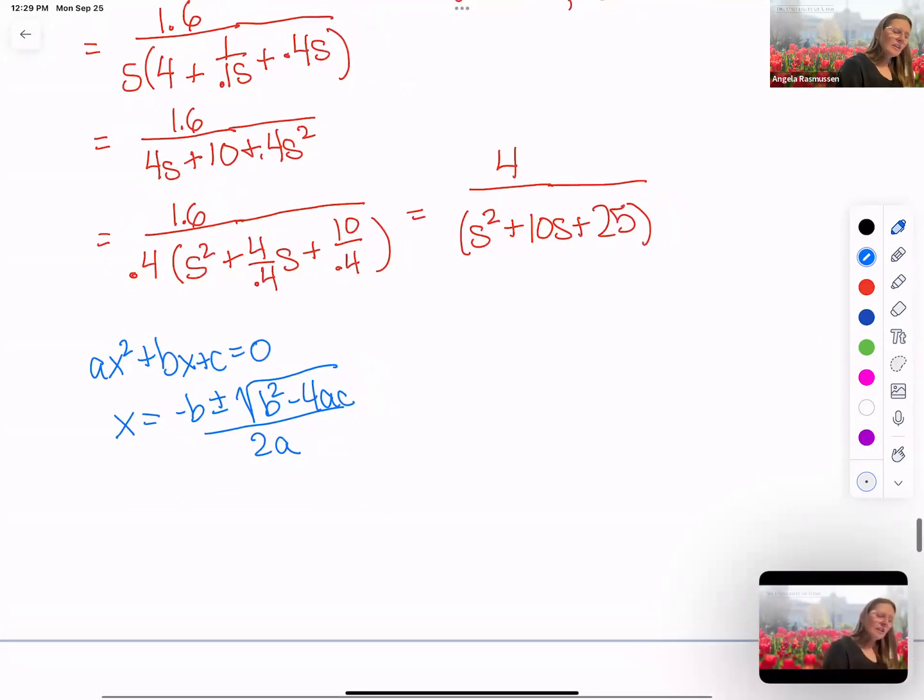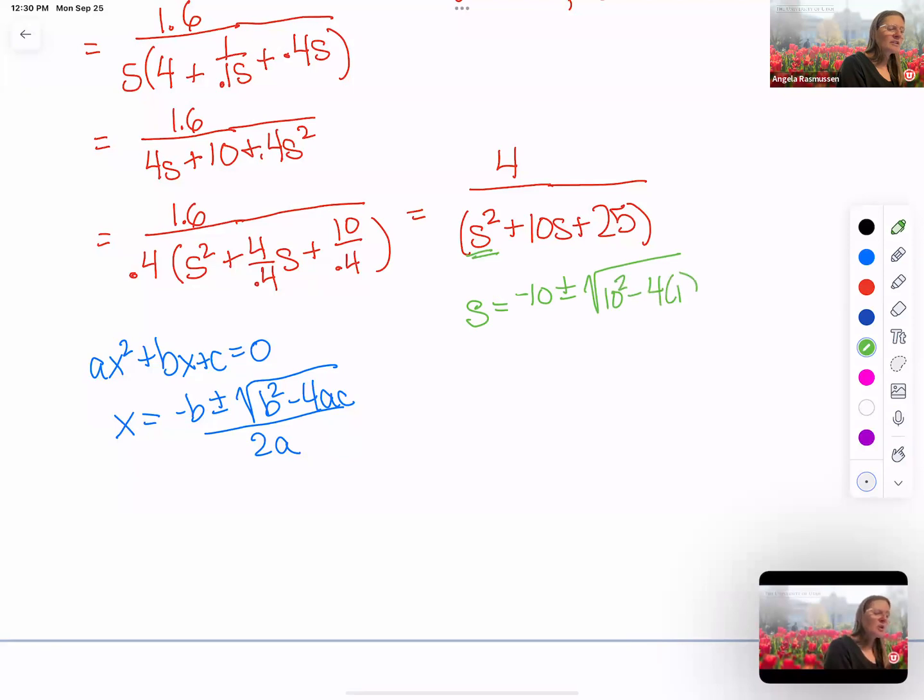So in this case, to do the partial fraction expansion, you always want to have a 1 for the S squared. Otherwise, it doesn't work out correctly. So always put a 1 here and then solve for the S. So here S will equal minus 10 plus or minus square root of 10 squared minus 4 times 1 times 25, over 2.